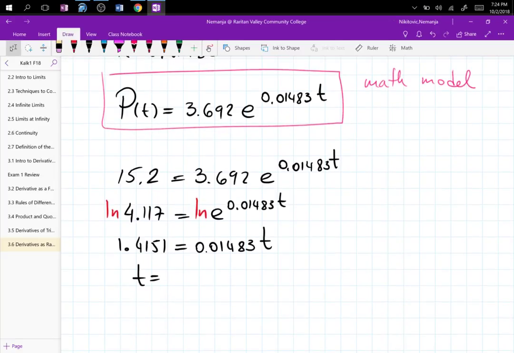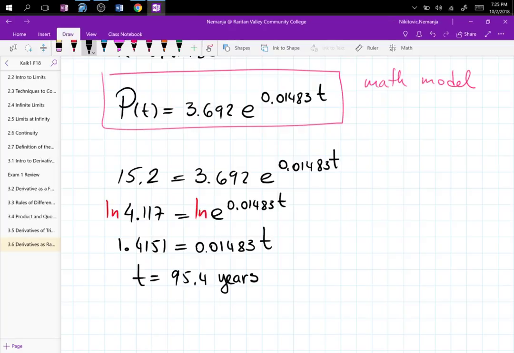Say it will take, by this model, 95 years. 95.4 years to reach it by using this model, right? What happened? Yes, from 70.